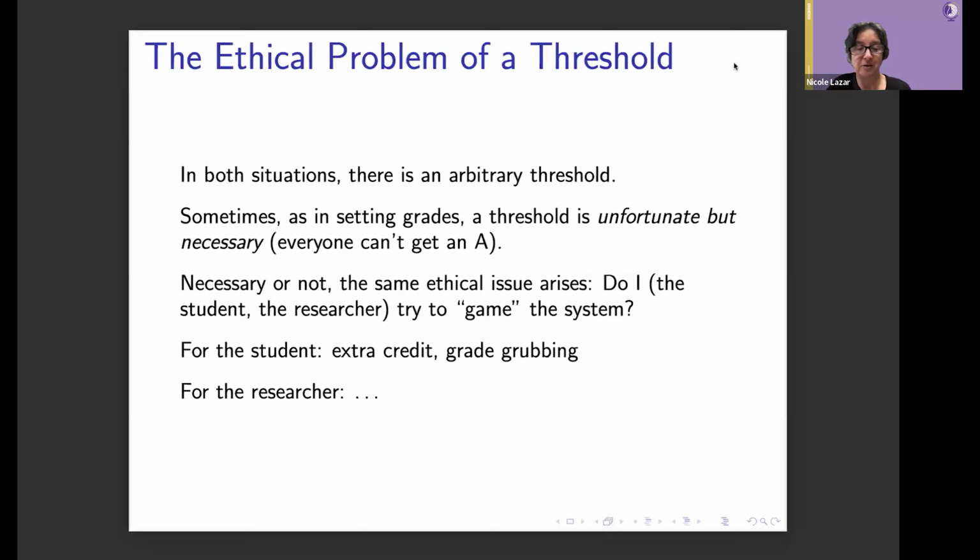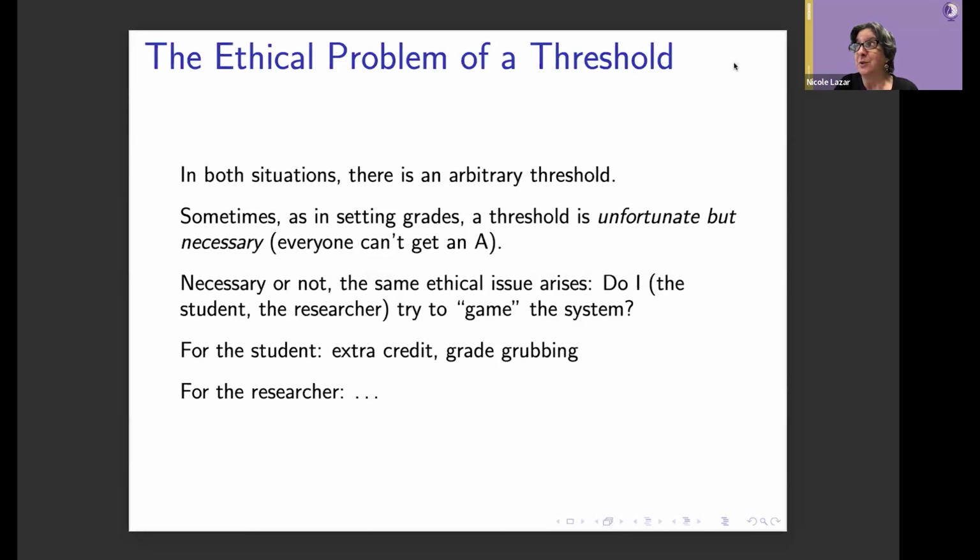Many of us are also faculty. What do you do in a situation like that as a student? Well, you go to the professor. Can I get some extra credit? Could you regrade that assignment? I really need the A, right? So we all have strategies, right? For trying to get to the point that we need to be for what we think that we need to achieve. What about for the researcher?